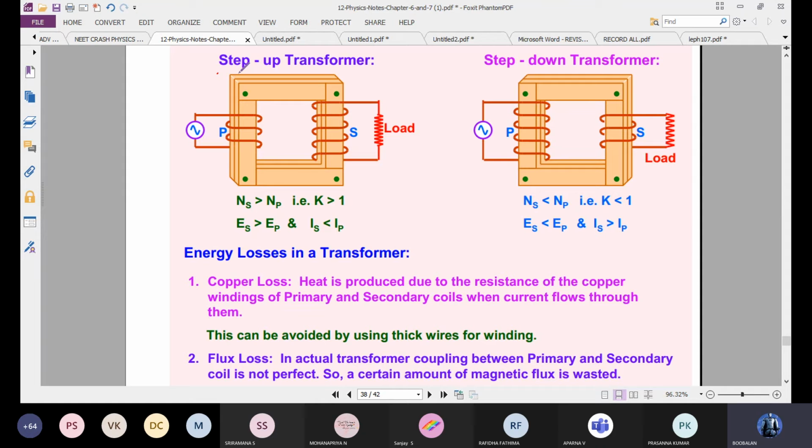It is a step up transformer. Step down transformer means the primary has the maximum coils and the secondary the minimum. Here N is the number of turns; in the secondary the K value is maximum, E value also maximum, and I value is maximum only in the primary.